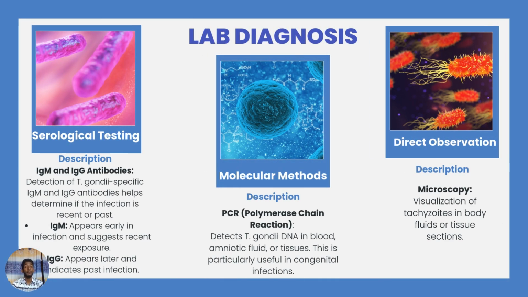Now, moving on to the lab diagnosis. There are three ways that we can detect these parasites in a human body. Firstly, by doing a serological test, detecting specific IgM and IgG antibodies against these parasites. If IgM is detected, this suggests that the patient has been recently exposed to the parasite.